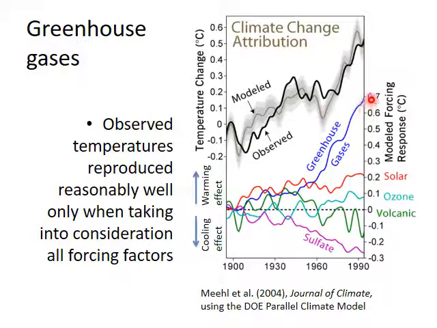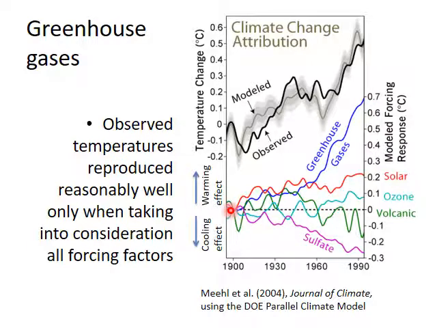For example, the blue curve shows the changes in temperature that the model predicts if only carbon dioxide, methane and these greenhouse gases increase according to the observed history, and all the other changes are kept constant. You see these strong increases in temperatures over time. Here, within 90 years, temperatures increased by 0.7 degrees just due to the effect of the greenhouse gases.